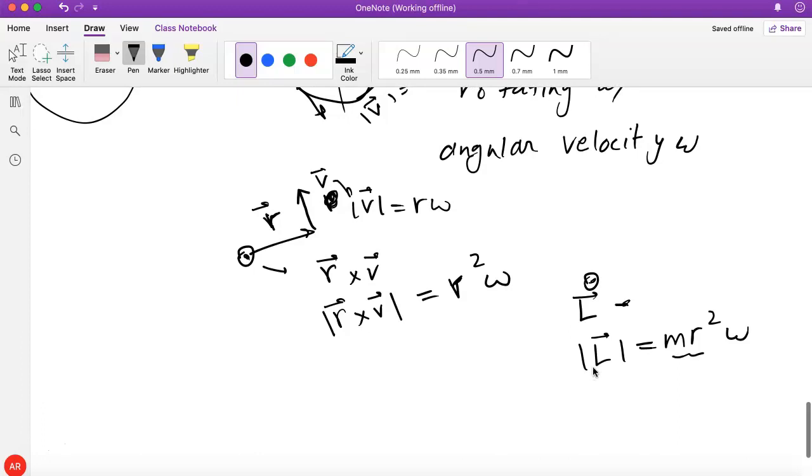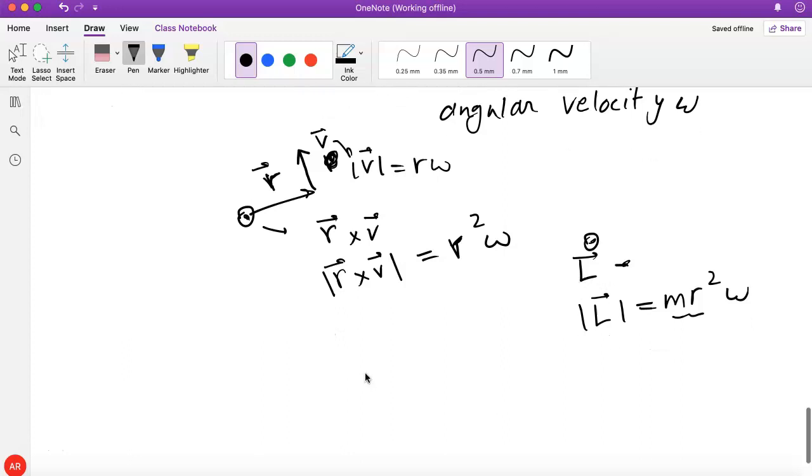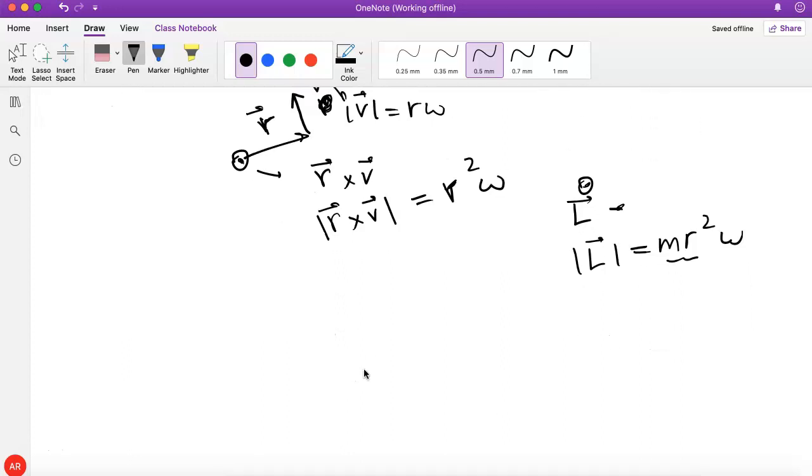So now if you have a whole bunch of point particles, omega is the same for all of them. So the angular momentum vector just becomes a vector in the direction of the axis of rotation.